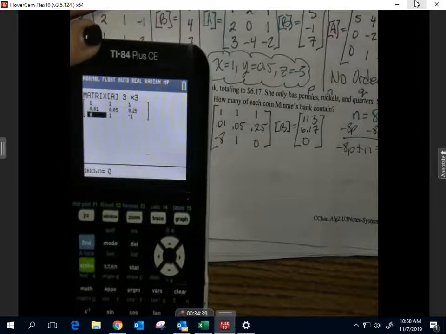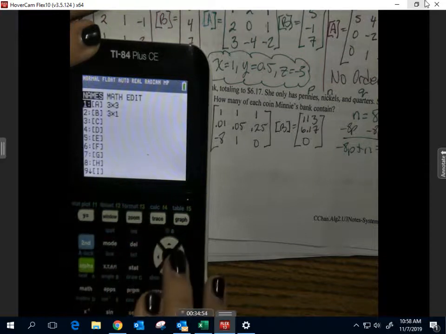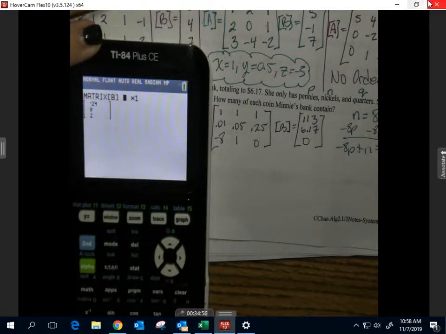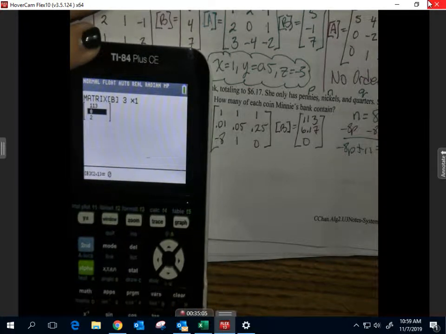And then I have negative 8, 1, 0. And then I'm going to go second matrix again. Go over to edit, this time 2 to do my B. And I have 113, $6.17 and 0.